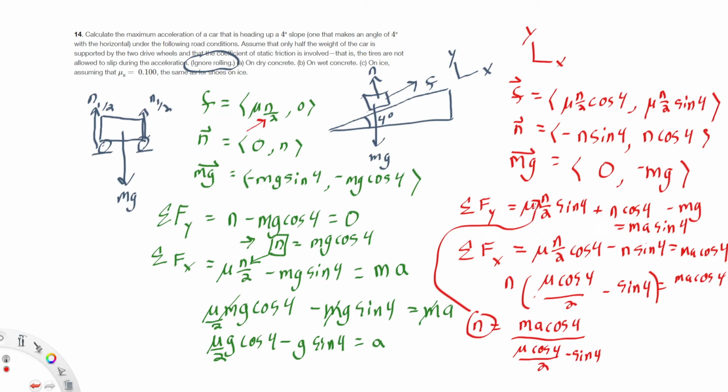But yeah, you could factor the n out before you plug in. The other possibility would be maybe to solve both of these equations for n, and then set those expressions equal to each other.